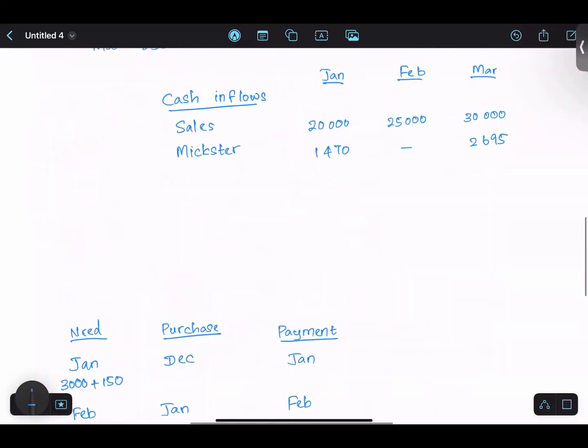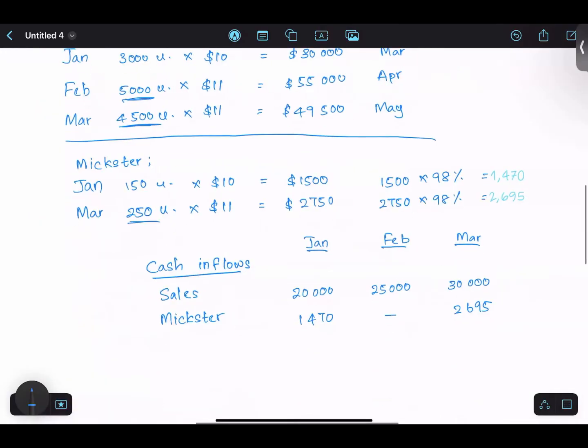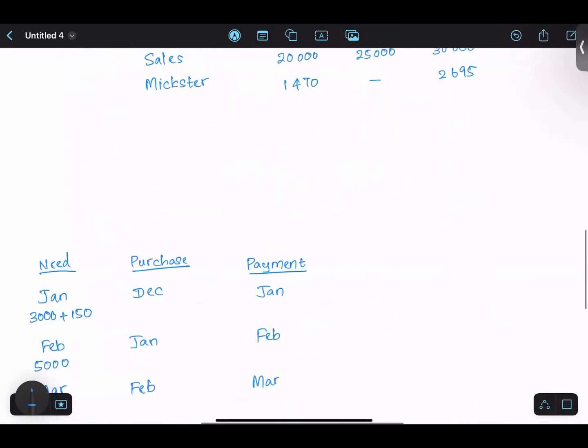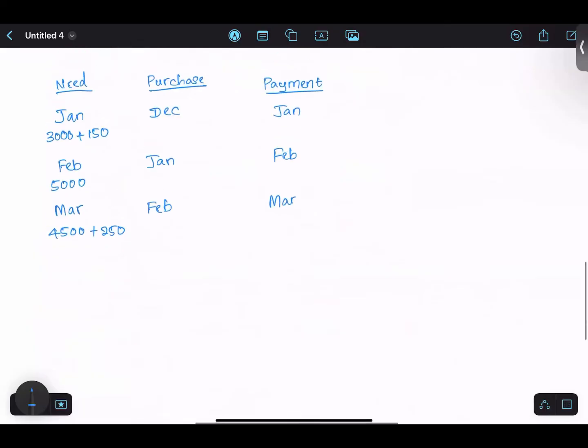For the month of March, we need 4,500 units. On top of that, we need another 250 units for Mixter. So 4,500 plus 250. So this is the requirement.